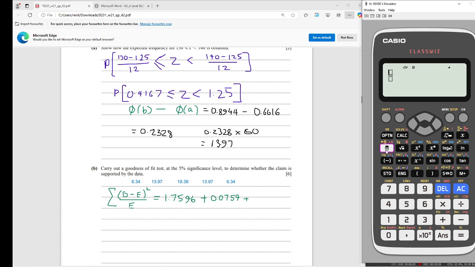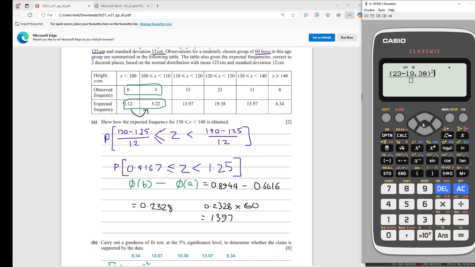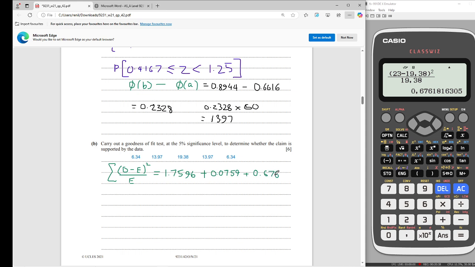Okay, moving on, the observed minus expected, so it's going to be 23 minus 19.38, and then we whole square that difference, so we get here our next value, which is 0.6762. Let's keep it at 2.